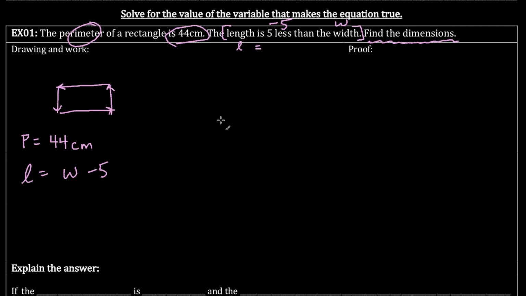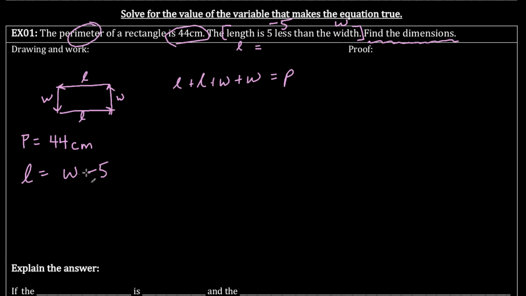Cool. So let's write a generic sort of formula right now. You can write it a couple ways. I'm going to write it a way that most of you will understand, or I hope that more of you will understand. In order to get the perimeter, if you have the length and the width and another length and another width, you would just go length plus width plus length plus width, which should give me the perimeter.